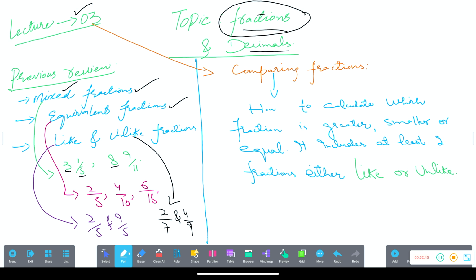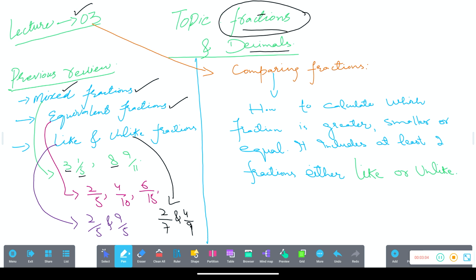That is, their value comes out to be the same. Example here, you can see the arrow here. It is 2 by 5, 4 by 10, 6 by 15. They all are equivalent fractions. Why? Because whatever the value of 2 by 5 will be, same will be the value for 4 by 10, same will be the value for 6 by 15.